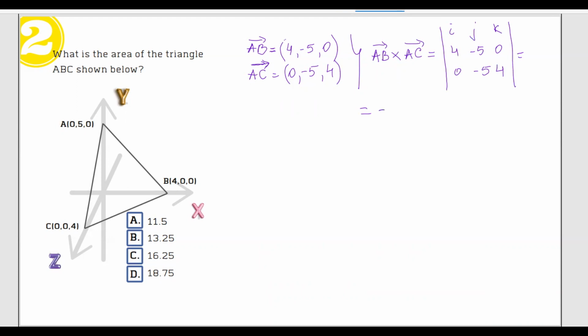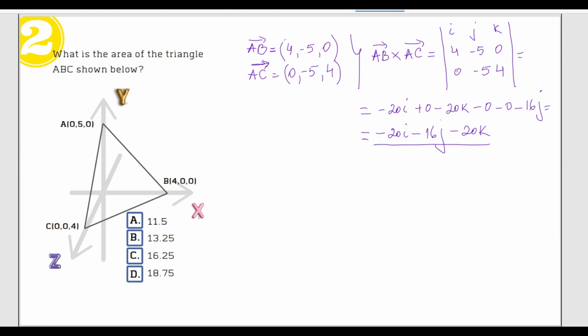We're going to have minus 20I plus 0 minus 20K, minus 0 minus 0, and we have minus 16J. So what do we get? We get minus 20I minus 16J and minus 20K. So this is the resulting vector.